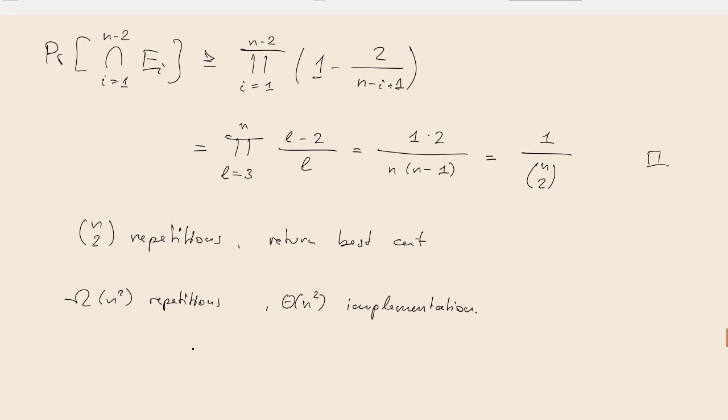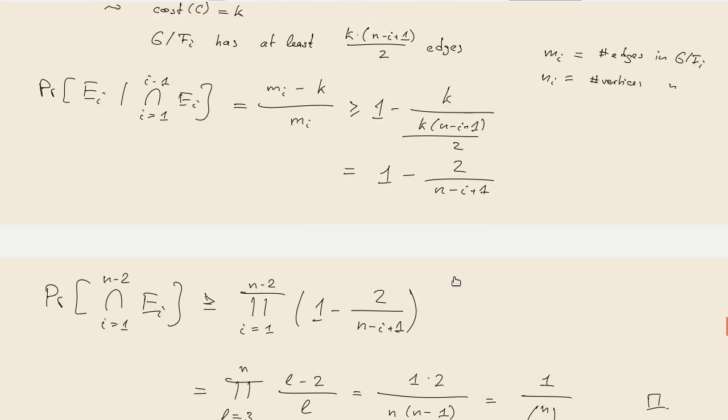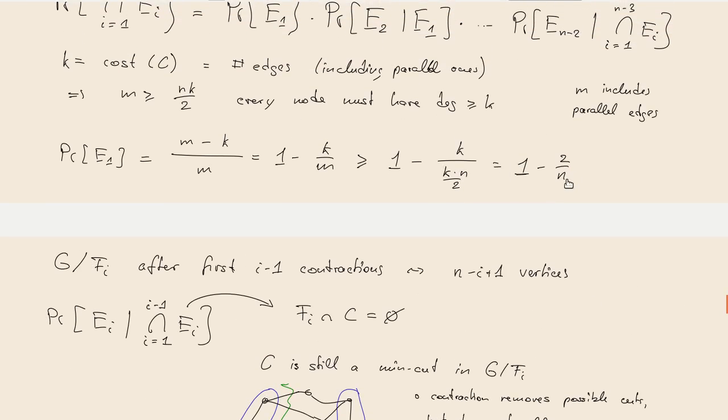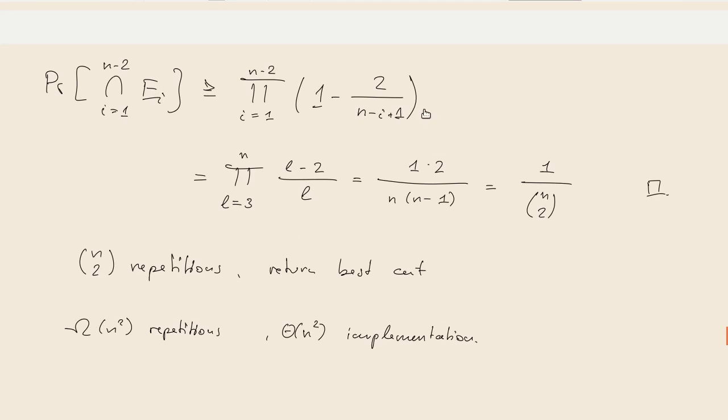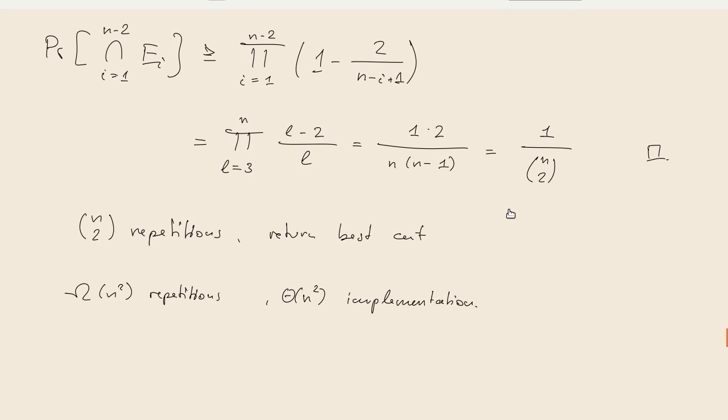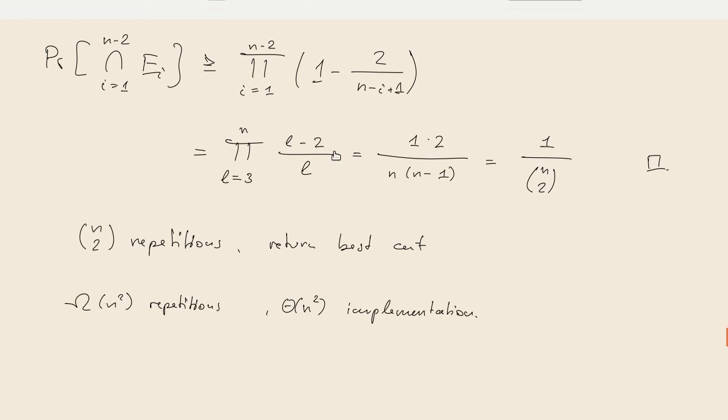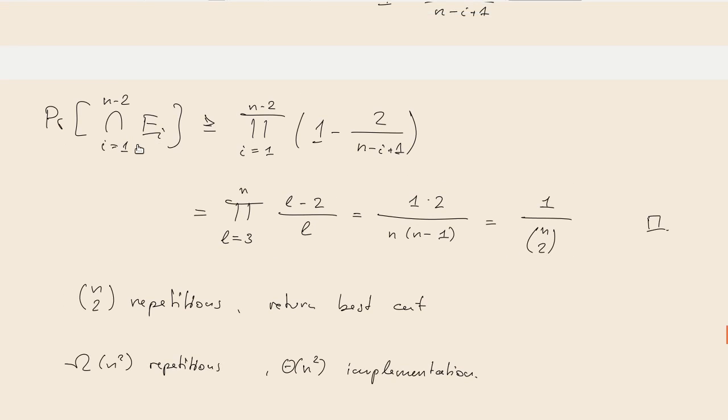And just to finish off, before we consider the solution next time, let's look at the problem. We've seen that for the first contraction, the probability is actually quite good to not pick one of the bad edges. But as we keep going and as the graph becomes smaller and smaller, the probability to pick one of the edges from the cut actually grows, because at least in the sense when we condition on nothing having gone wrong up to now, all of the bad edges are still left, but the set of other edges must shrink.